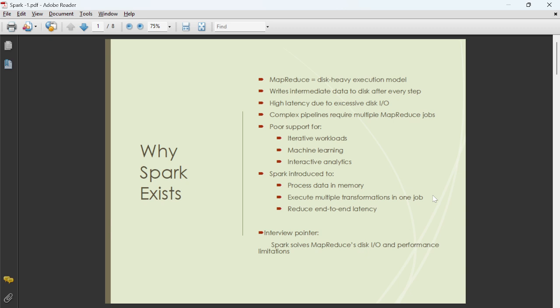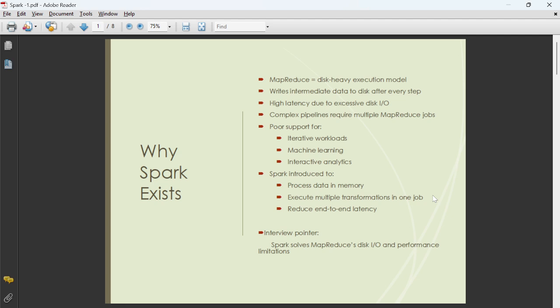But MapReduce had a very serious limitation. It was disk heavy. Every time a map phase completed, the output was written to disk. Every time a reduce phase started, it read data from disk.